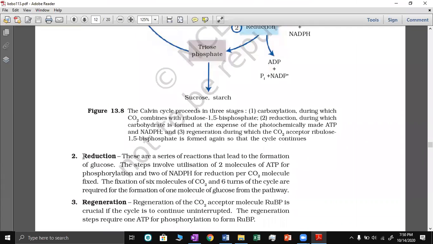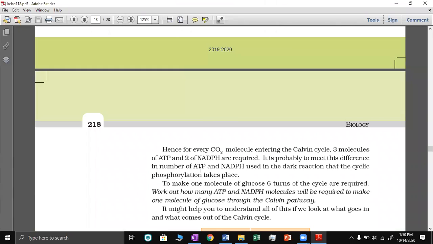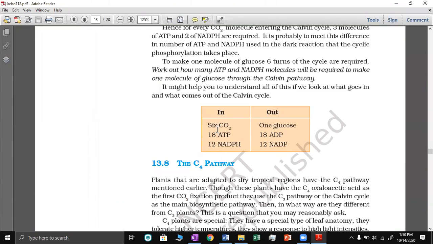After that, there is reduction. And after the reduction, regeneration is there. So everything is given, and here is the in and out, what is in the process.